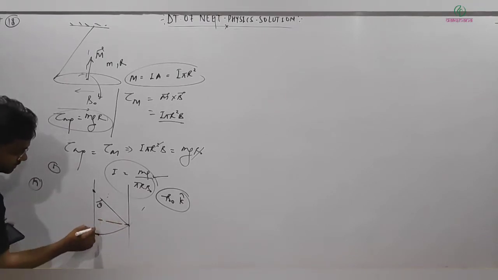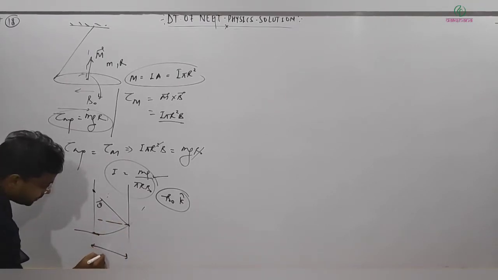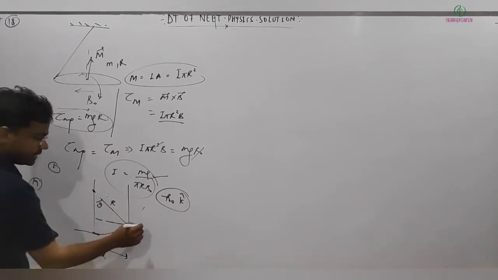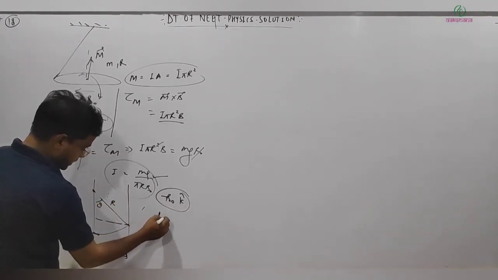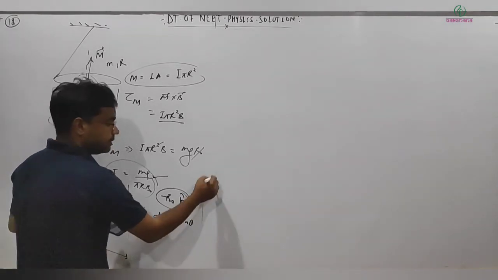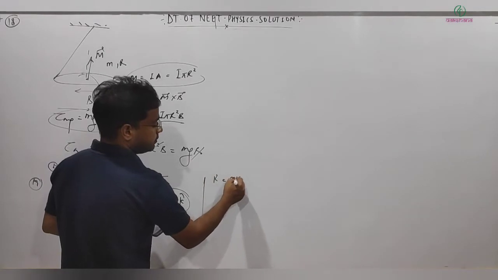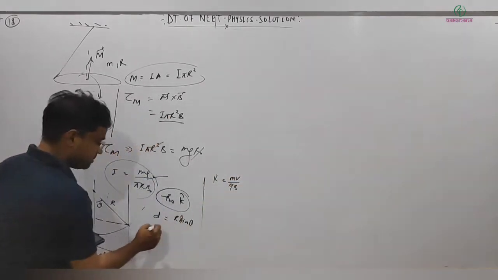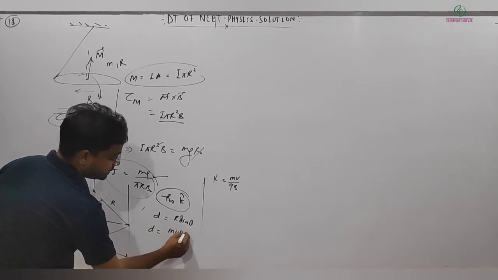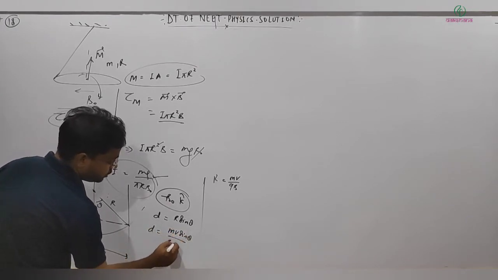Now in this situation, this is given as D. So we can write, if the radius is r, then d is equal to r sine theta, and we know r is equal to mv divided by qB. So this implies I can write d is equal to mv sine theta divided by qB.